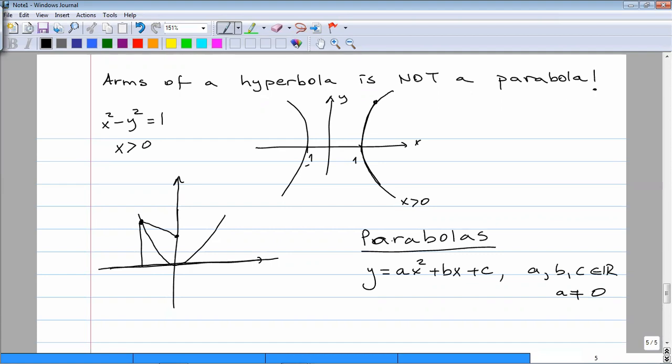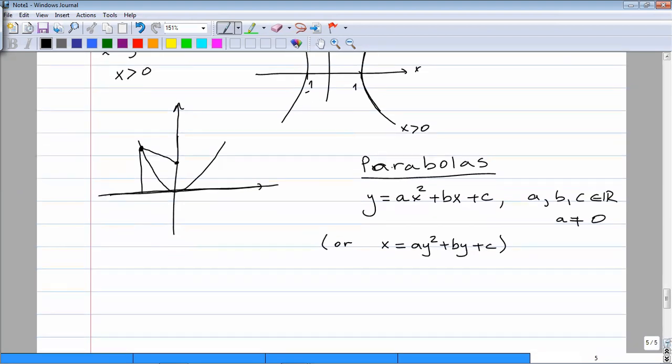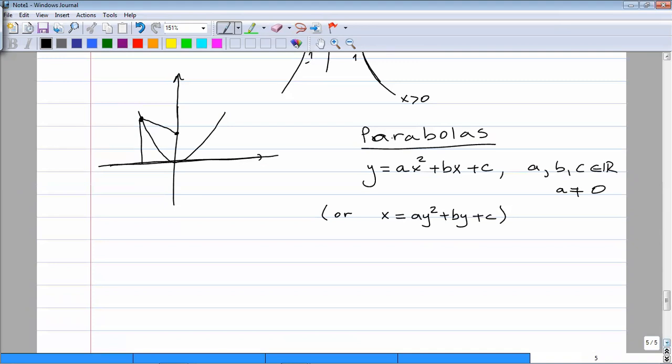An equation like this, of course, you can interchange x and y. So you can take x equals a y squared plus b y plus c. That's also a parabola, but along the x-axis. Depending on what you're doing, you may have to use either.